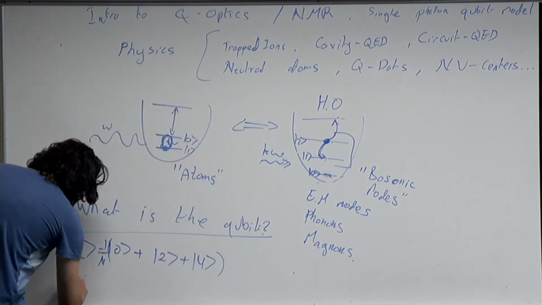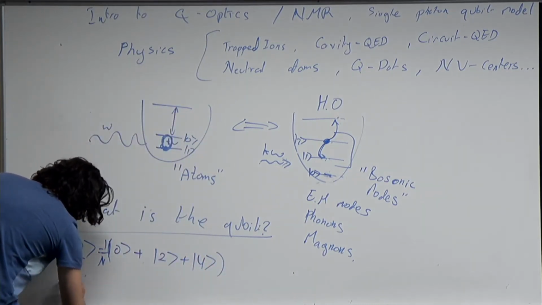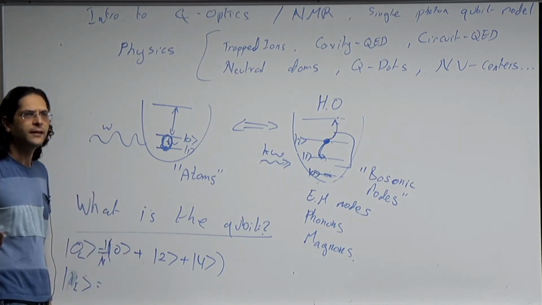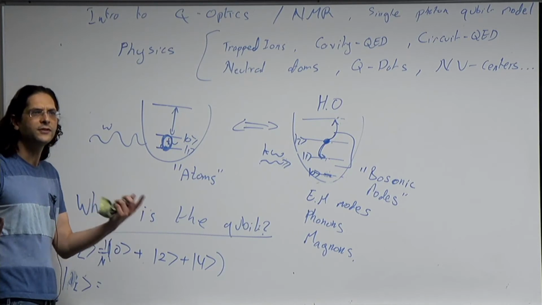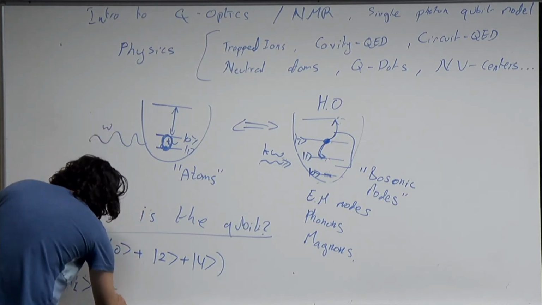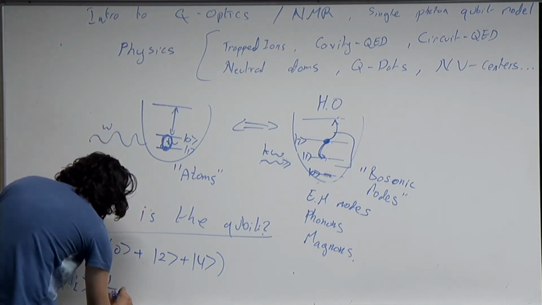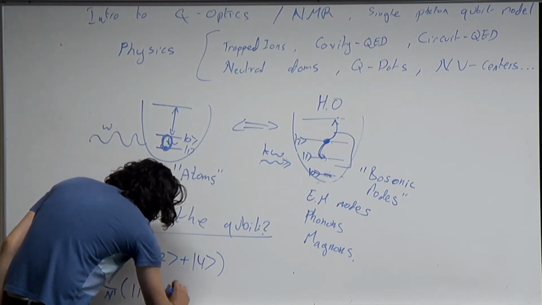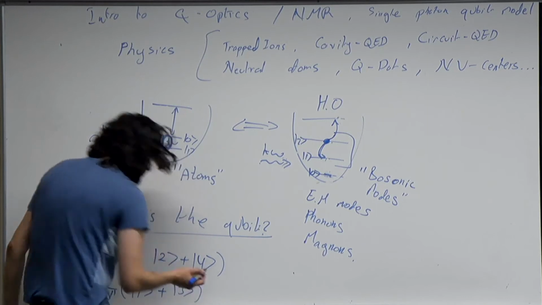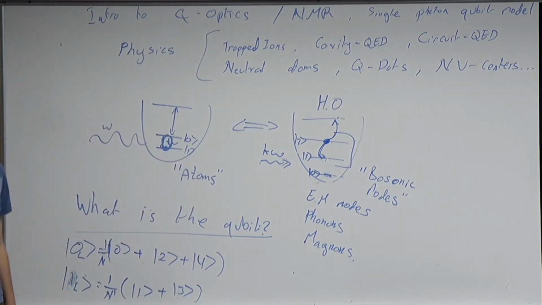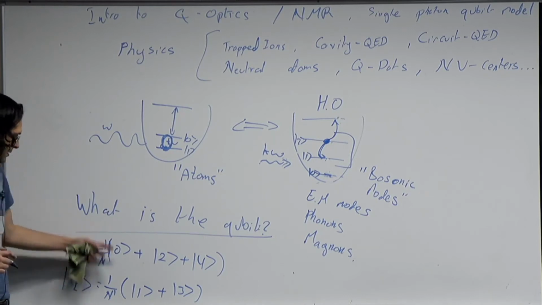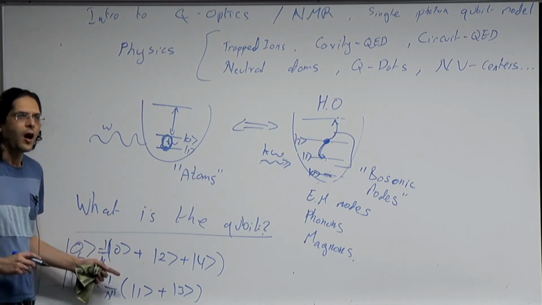And now, as a logical 1, all I need is some orthogonal state, right? All I need is for 0 and 1 to be orthogonal, so take some other normalization factor here, and this could be, for example, 1, maybe plus 3. Okay? So now these two states are my qubit.